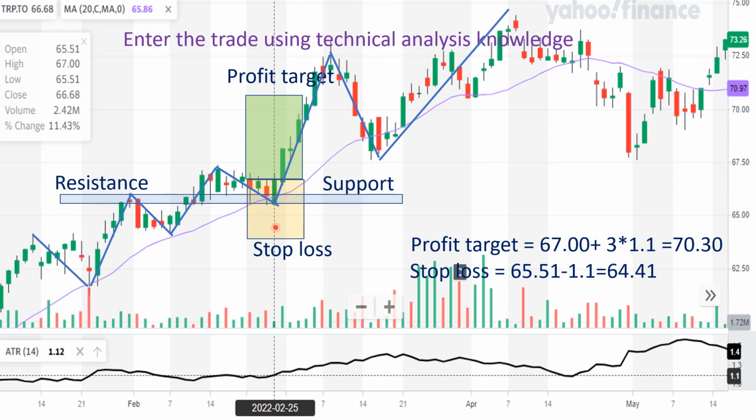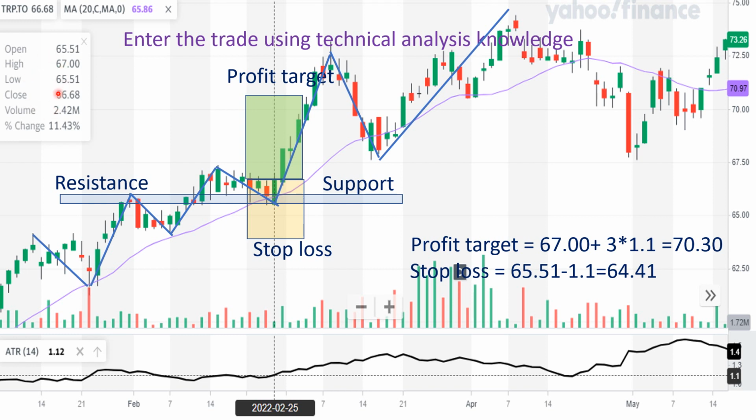Now, the value of ATR is calculated here, $1.10 for this bullish candle, and also the information for this bullish candle is right here. Open, high, low, and close price of this bullish candle.